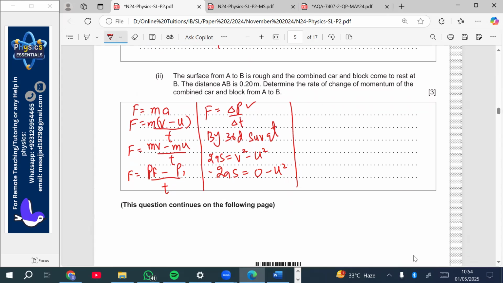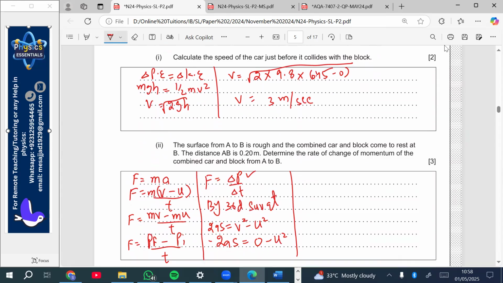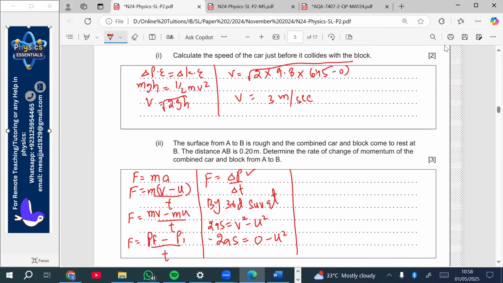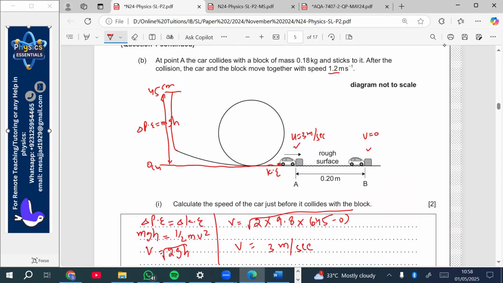And let me get my calculator to do the calculations. Initial speed is, so actually the speed of the car was initially 3, but here the speed of the car is not 3. They are saying when the block and the car are moving together, their combined speed is 1.2.